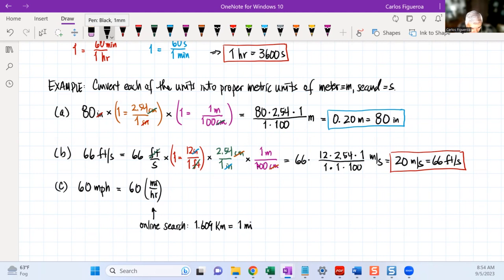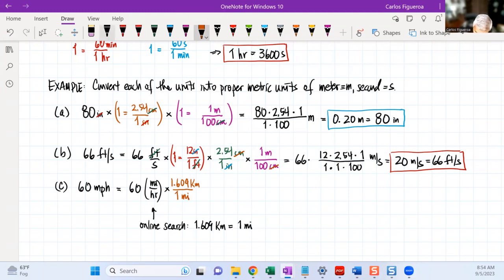So that's what I'm going to use. So if I do that, I gotta adjust this thing so that my miles are in the denominator. So here I go. In this case, I'm gonna have 1 mile in the denominator, and in the numerator, I'm gonna get 1.609 kilometers.